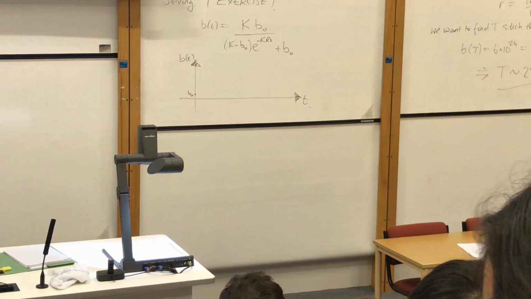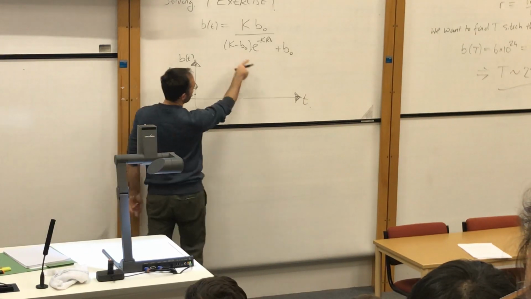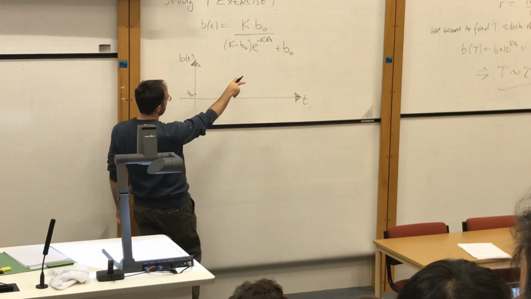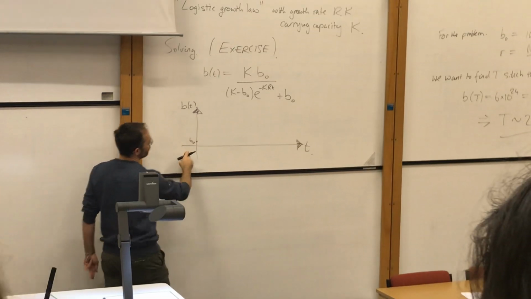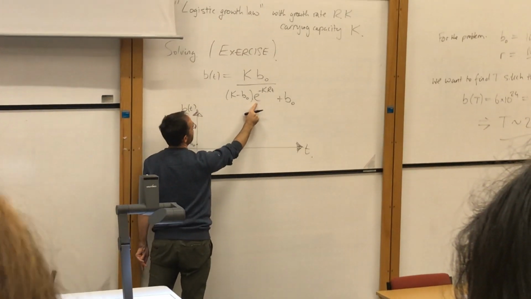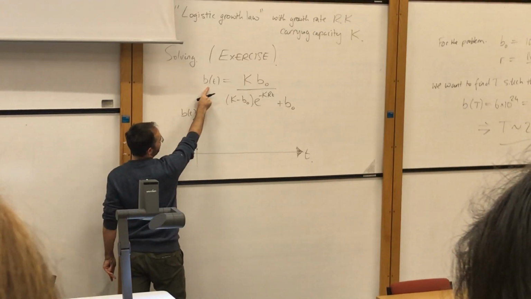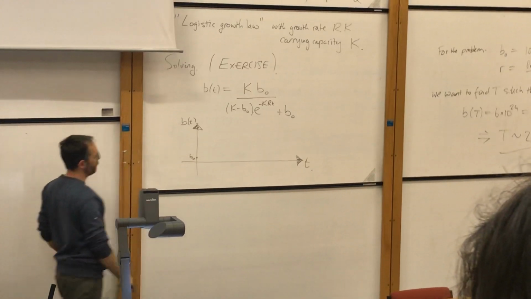We want to see what happens as t gets large. As t becomes large, this term will disappear, and we'll be left, as t approaches infinity, with B of t equal to K b naught over b naught.